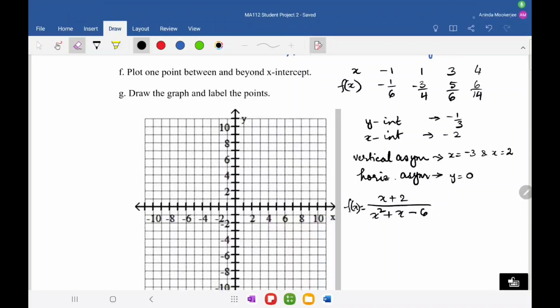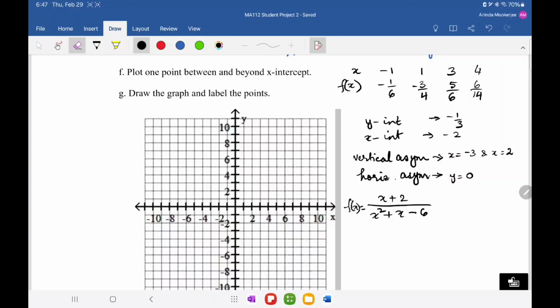So in part F, we are asked to plot one point between and beyond the x-intercept. However, for rational functions, we also have to plot some points between and beyond the vertical asymptotes, because the vertical asymptotes can create several parts. Depending on the number of vertical asymptotes, you can have the graph in several parts.